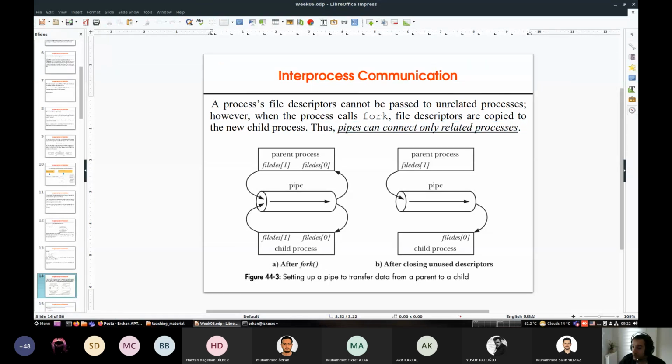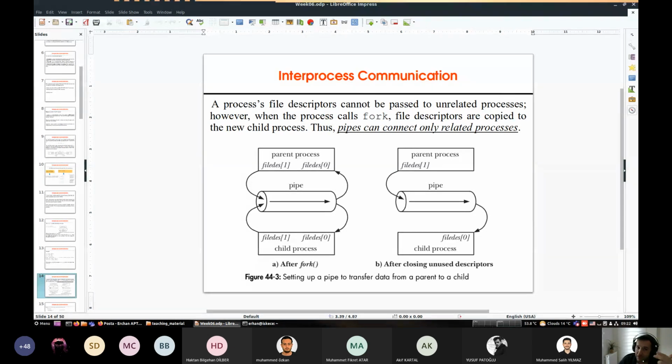So the parent process calls pipe, it creates a pipe, and it has access to the writing and reading end. Then it calls fork, so that means the child process also has access to the writing and reading end. Now, after fork, the parent closes, for example, the reading end, so this is gone, and the child closes the writing end.